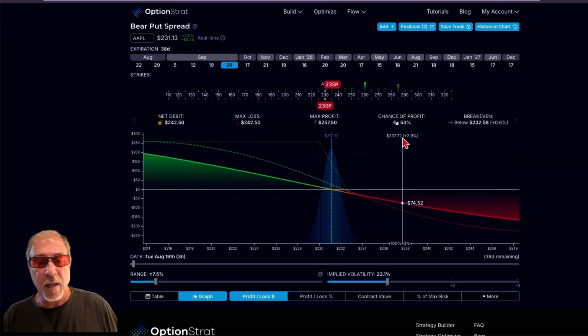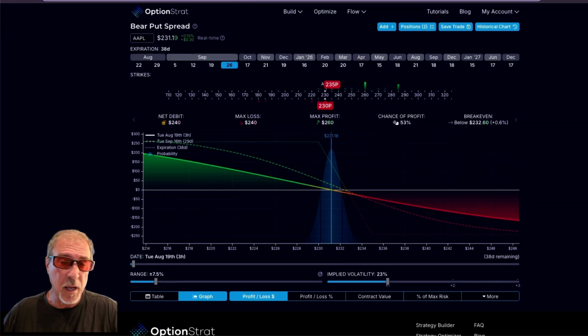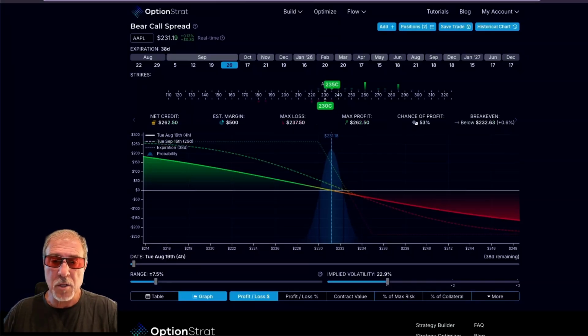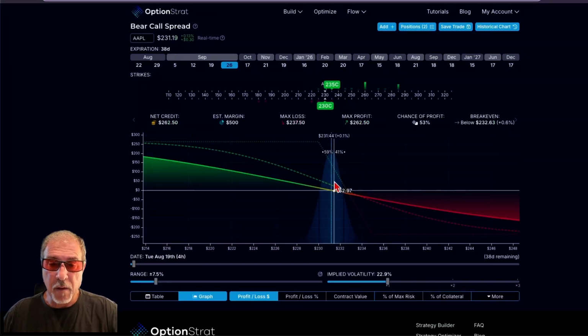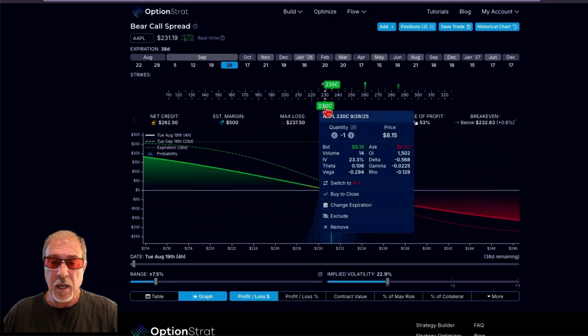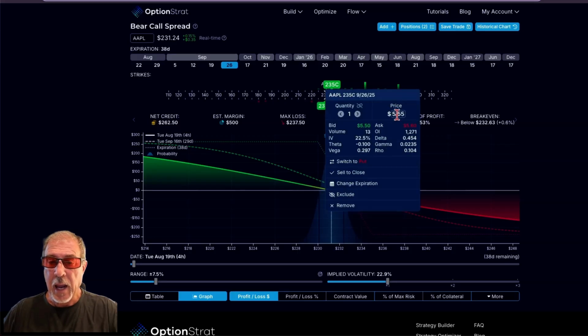Now, another way that I could make this exact same trade, essentially, would be to sell a call spread. That's where I come in above the market and I sell a 230 call, and I sell it for around $8.20 or so. And then I buy a higher up call to protect my risk if the market rips up beyond my point.